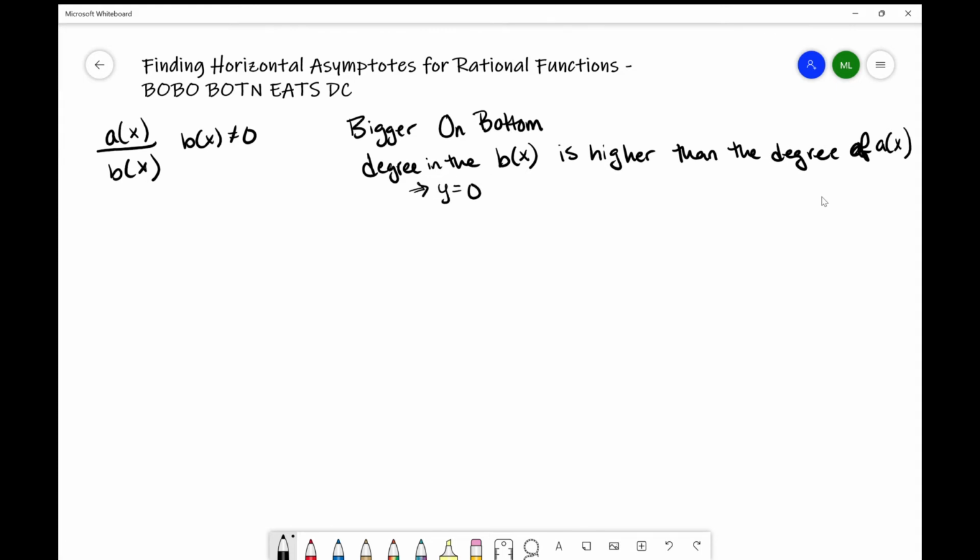And that's why Bob is actually Bobo. The O represents that this is equal to y.